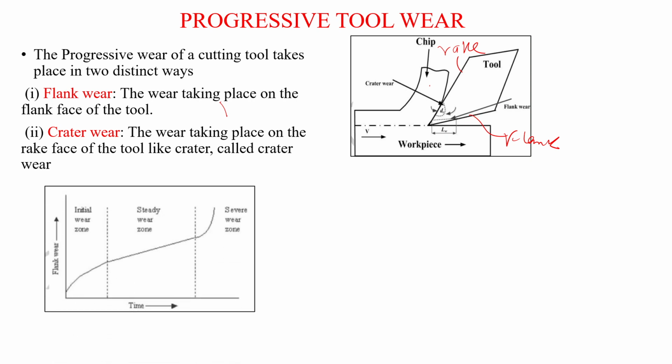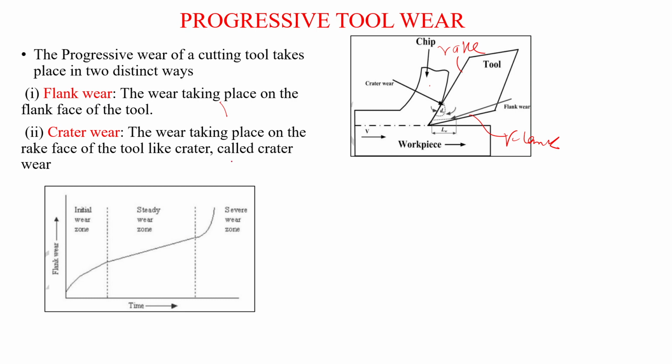Studying the flank wear is the most important, as it is the main wear in the tool. We are mainly concerned about the flank wear only. When we are determining the tool life, we mainly see the flank wear, because if flank wear reaches a certain value, we see that the tool life is over.